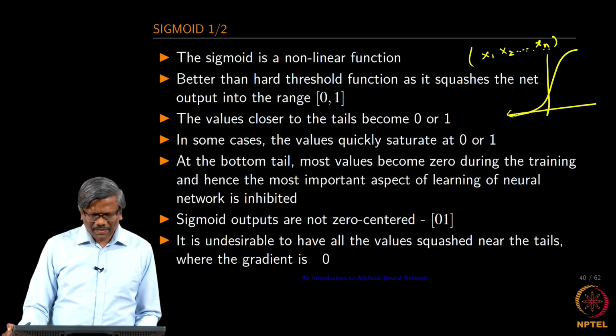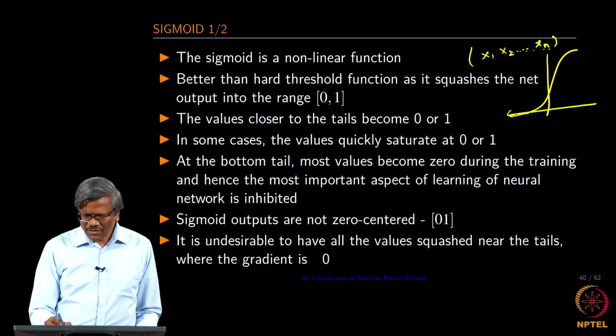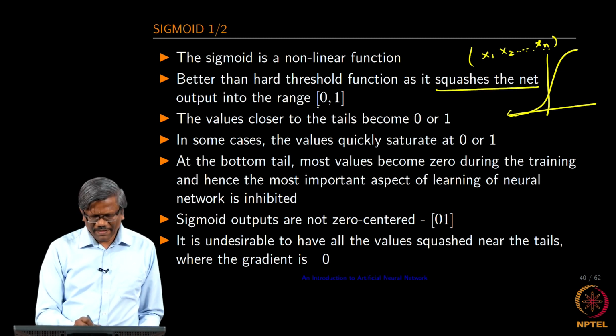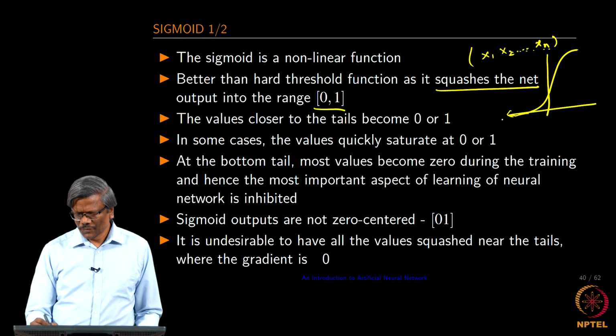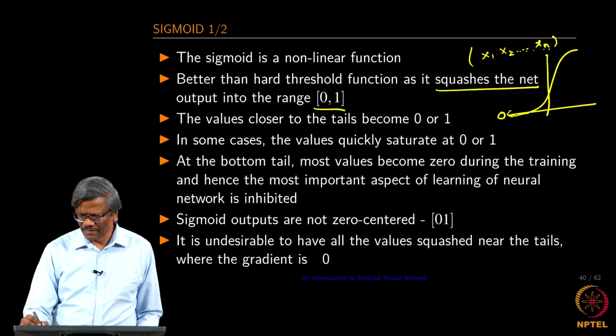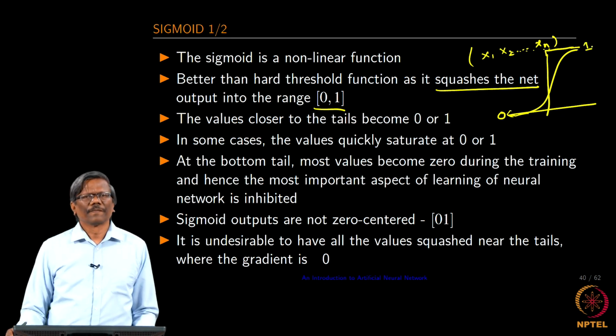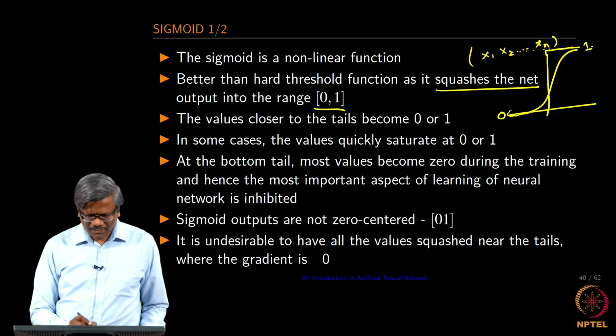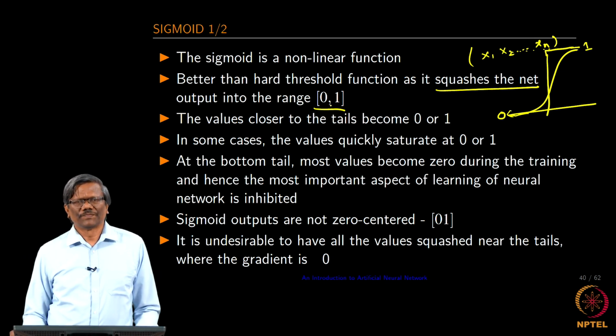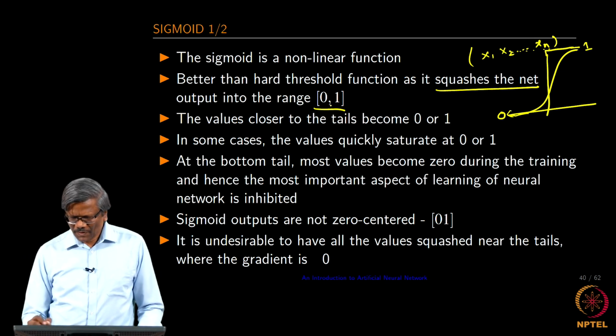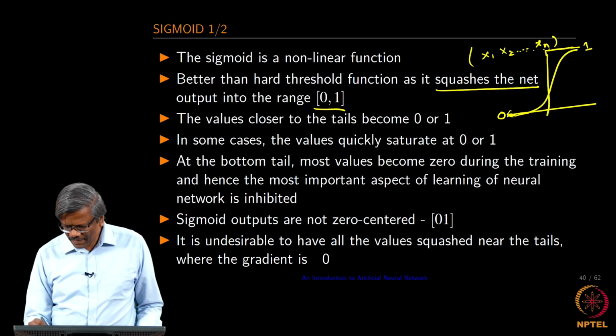It actually squashes the values in the range of 0 to 1. So, you have 0 here and 1 here. Any value that you provide to this activation function will always be limited to this range 0 to 1. And then we have a tail.